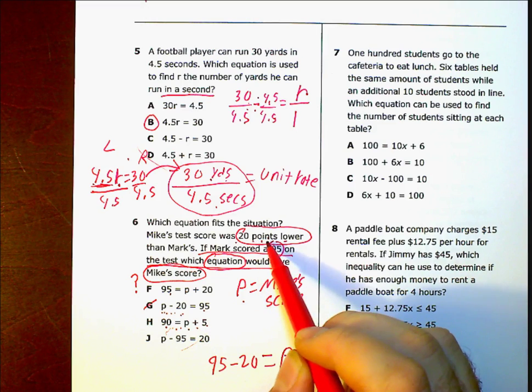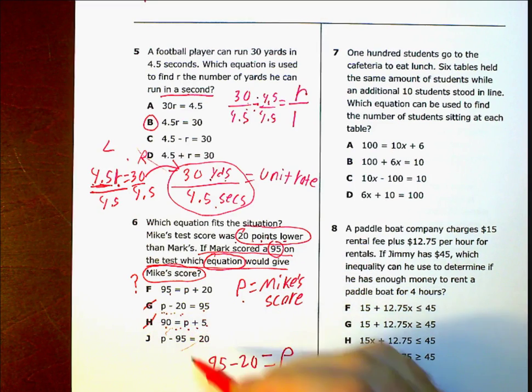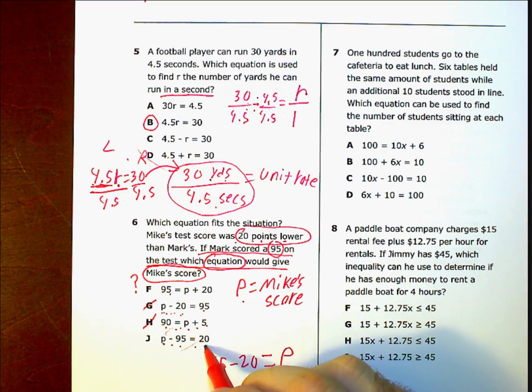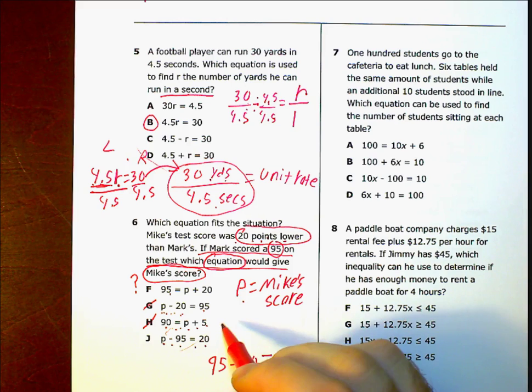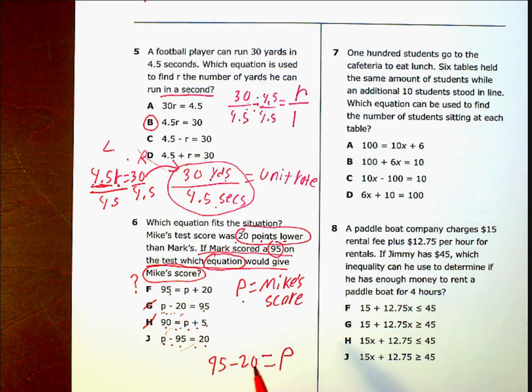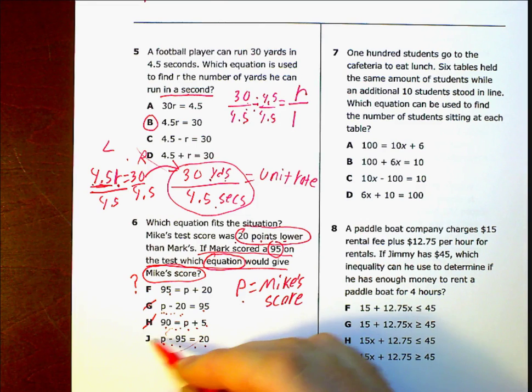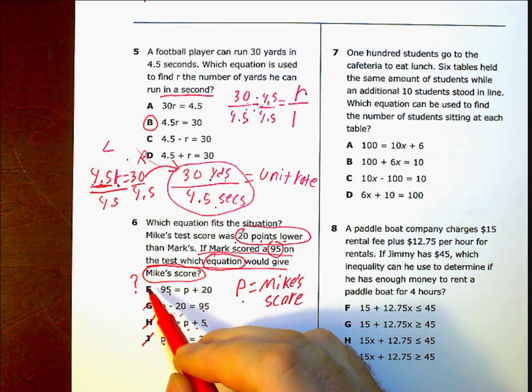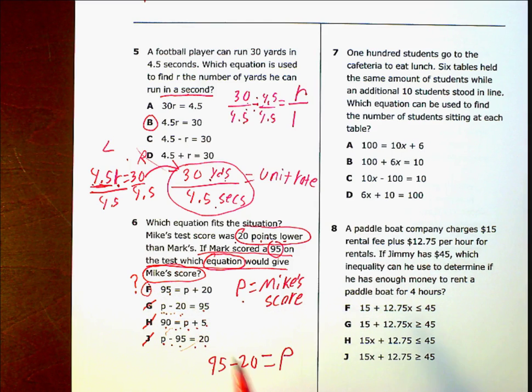Well, it was 20 points lower, so that can't be it. And then this says Mark's score subtracting 95 from it will give you a 20. That's not even close to what it's trying to represent in here. So we know that one's wrong. So by a process of elimination, it can only be the remaining one.